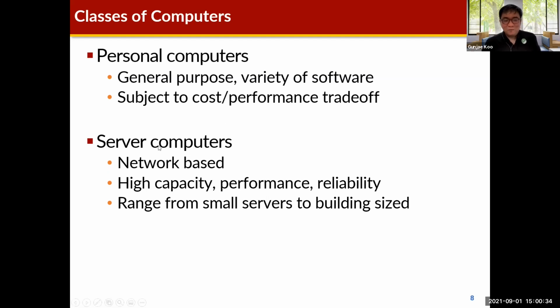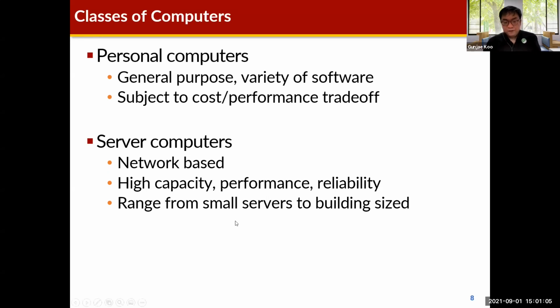Then servers, like cloud infrastructure or cloud computer systems, are network based, connected to the internet. They need high capacity because lots of users use this type of computer concurrently. So capacity, performance, and reliability are important factors of server computers.